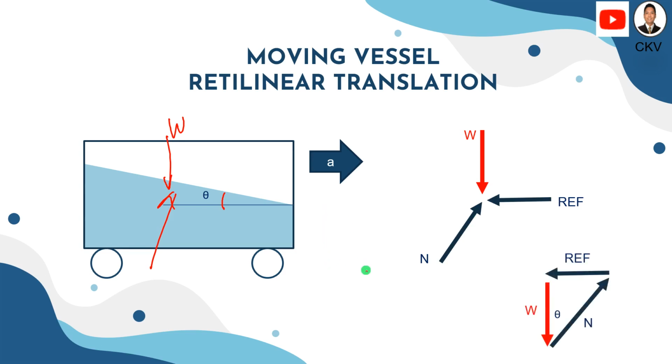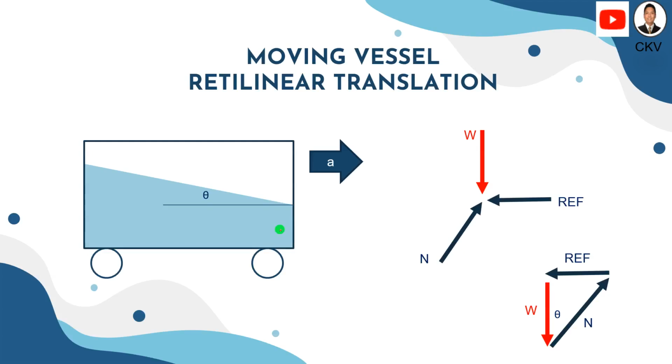So when we form a force triangle using the forces present here in this moving body, we can now form a force triangle with an angle theta. So the angle theta is just the same as the angle of tilt of the liquid surface when it moves.